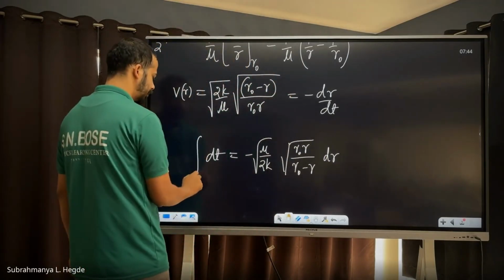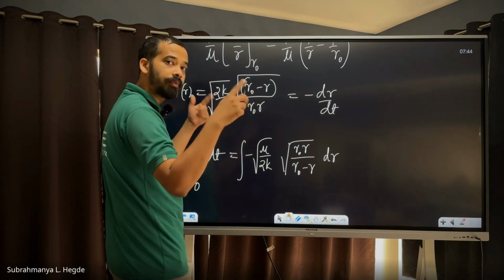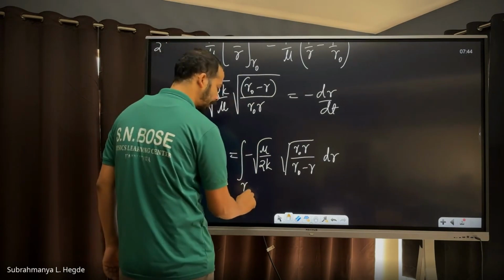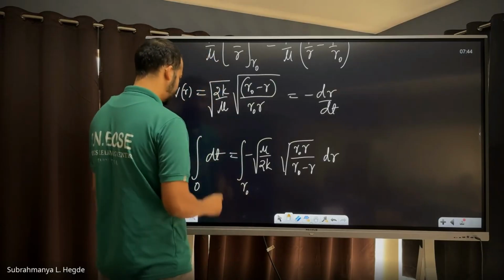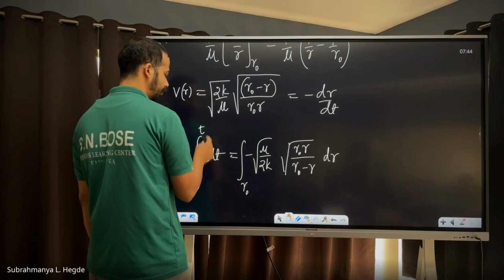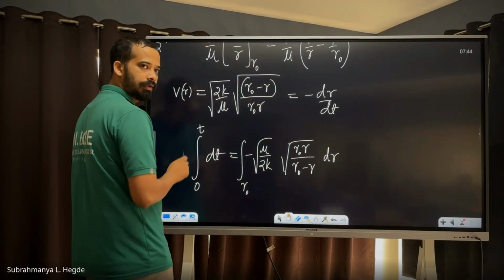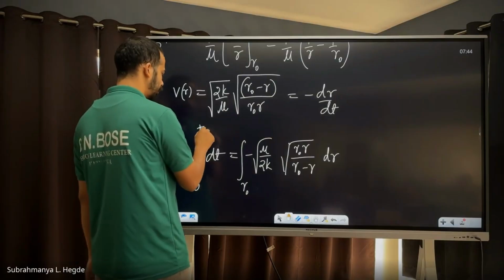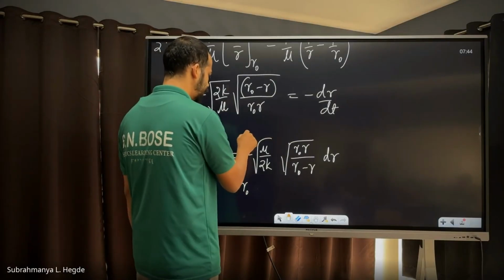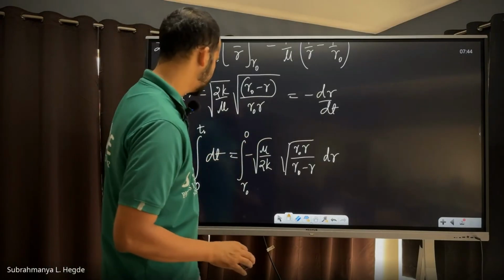What is this one? 0 at t equal to 0, they stopped from their circular orbit. That was r naught. 0 to t, that t naught, some t or something. That is the time that I'm looking for, t naught. r naught to 0, am I right? They are colliding means r naught to 0.